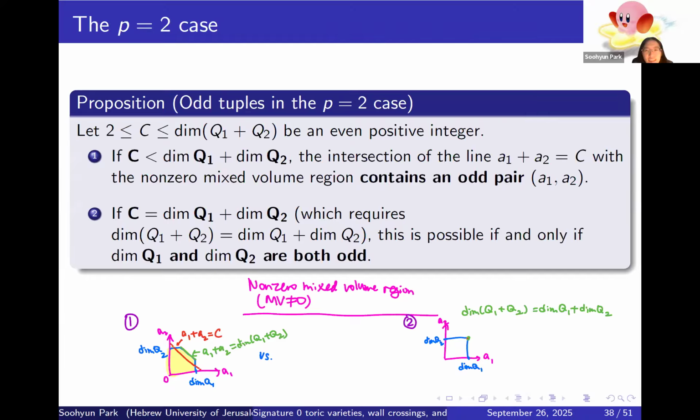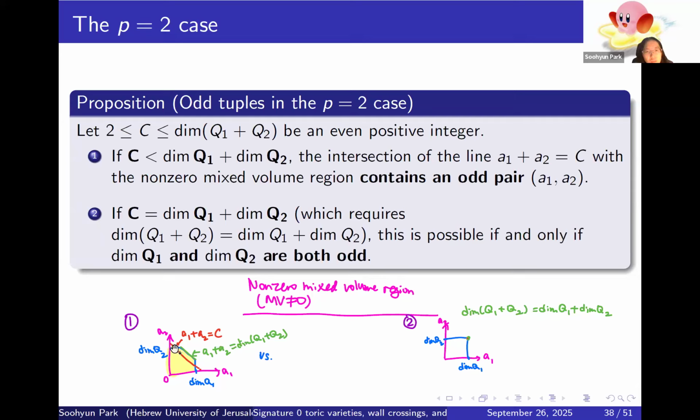I did not actually say how these are proved. It's just a pigeonhole thing. You split into cases about where you would enter and exit the non-zero mixed volume region, assuming that you lie on the particular line.